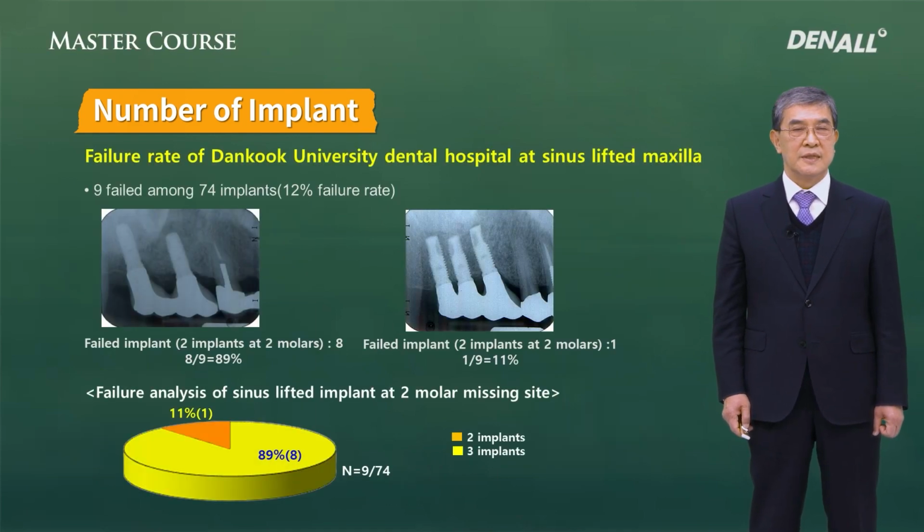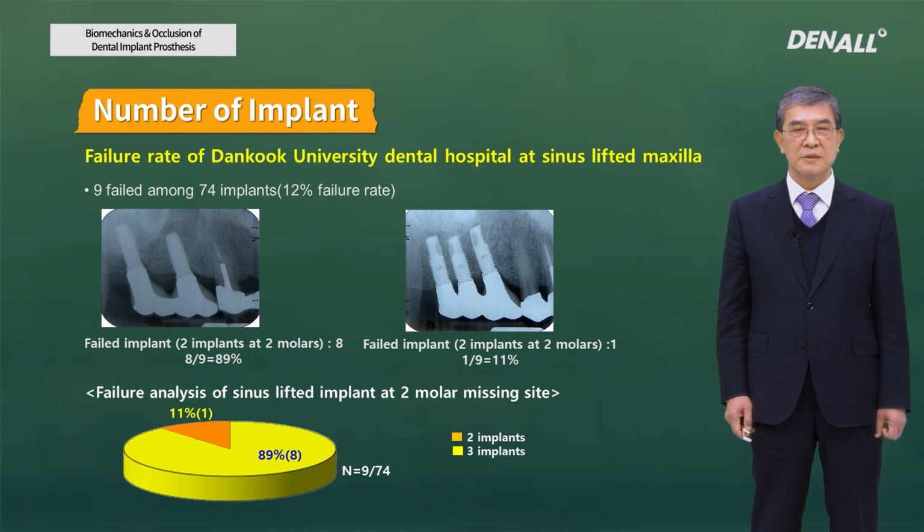When I was working at Dankook University, I looked into comparison whether there were any differences when I placed 2 implants in the posterior region and 3 implants in the posterior region in number 6 and 7, along with sinus lift. We looked into 74 implants and 9 failed.